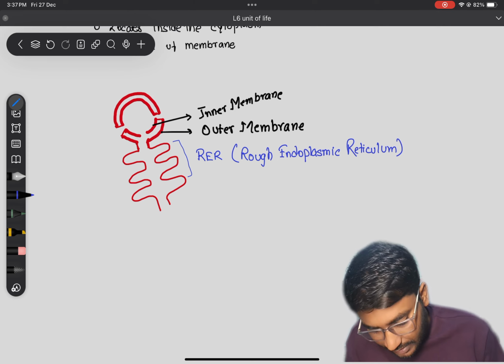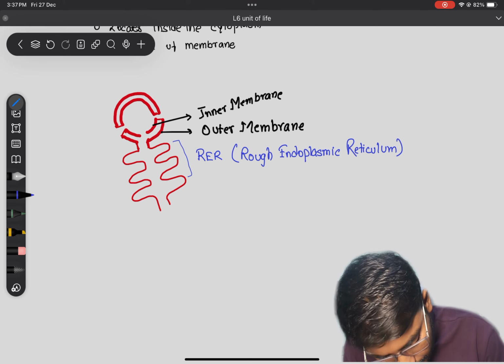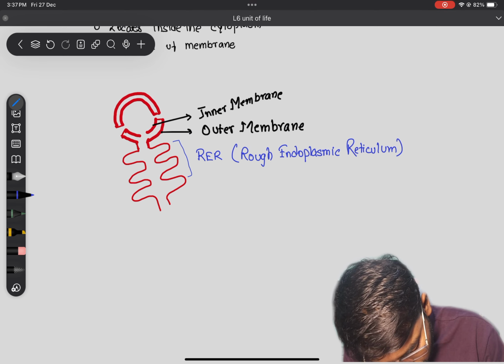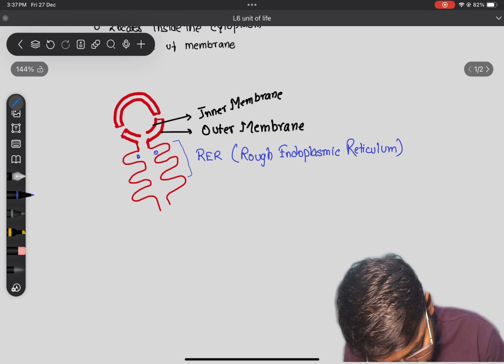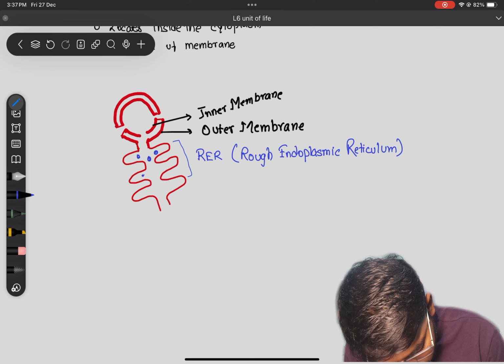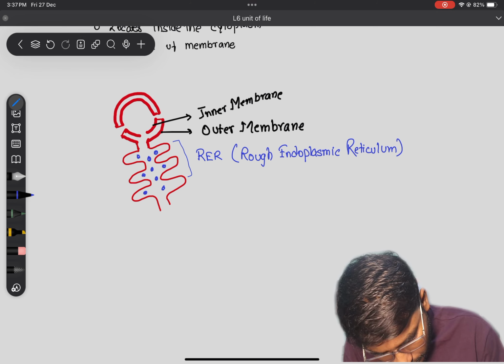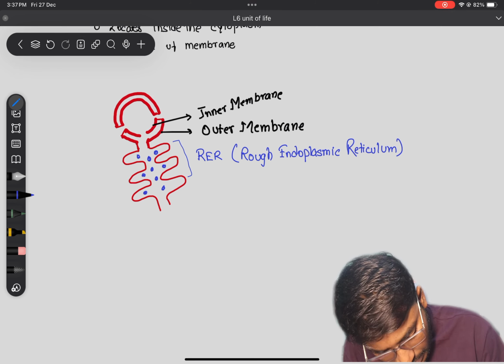The rough endoplasmic reticulum generally contains cisternae.